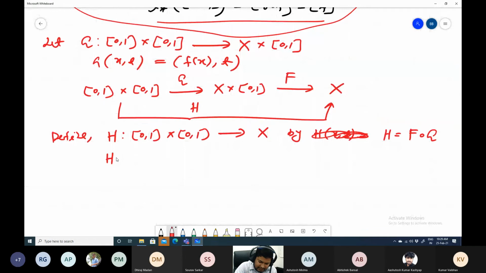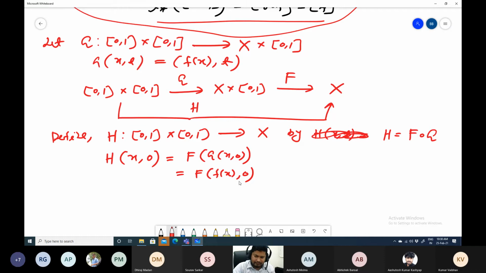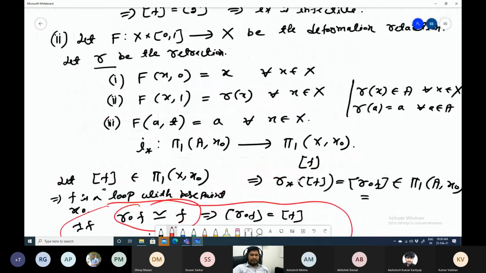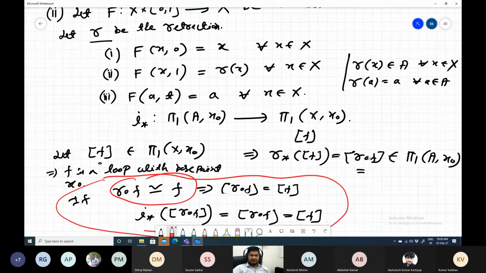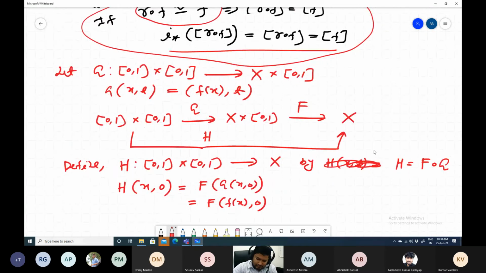Now what is H of (x, 0)? That means F of G of (x, 0), so F of (f x, 0). Now what is F of (f x, 0)? See the map, (x, 0) is x, right? So F of (f x, 0) is f x.